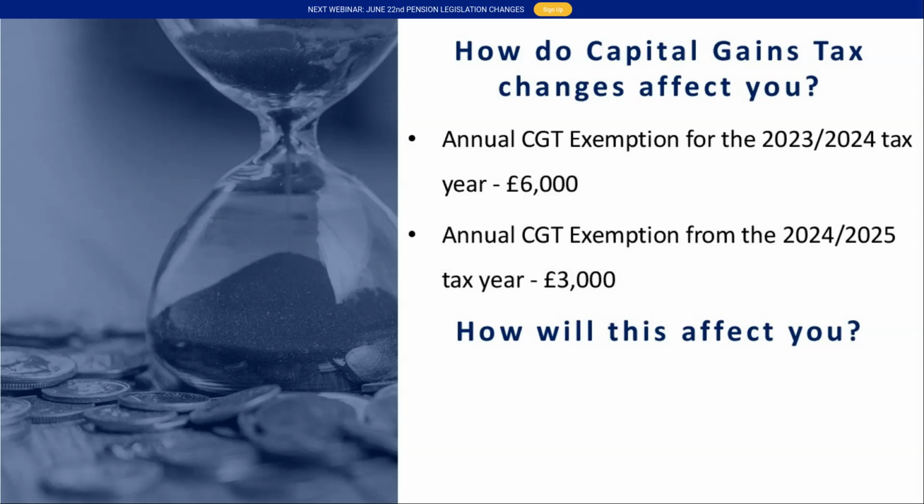So compare this to this year. Clients with an income over the higher rate threshold and gains above the new allowance could be paying up to an extra £1,260 in 2023-2024, with the prospect of a further £600 the following year.